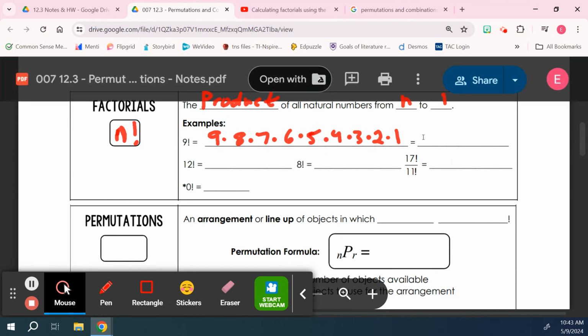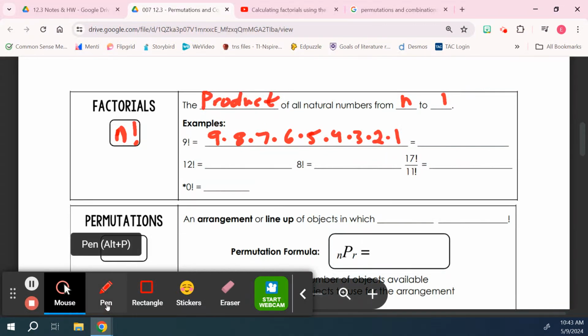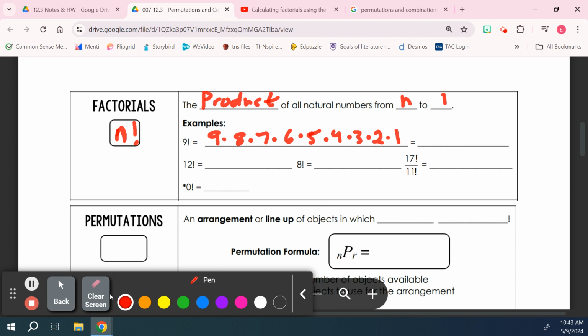So in this case, when I did 9 factorial, we had the solution of 362,880. Someone tell me what's 12 factorial. The more you participate, the quicker this will go.